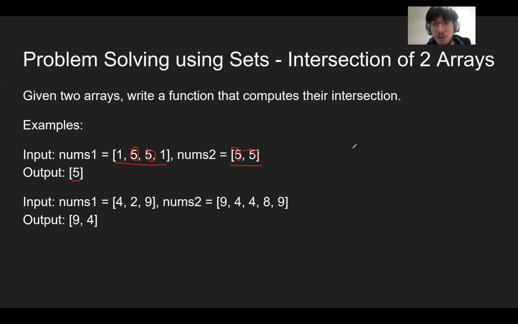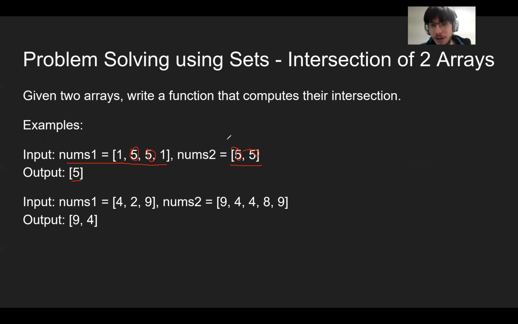So maybe what you might think is, what can we use that allows us to not worry about duplicates and just worry about the elements in the arrays? And so maybe your thought is a set, right? So maybe we want to look at this first array and say, well, we're not worried about duplicates.